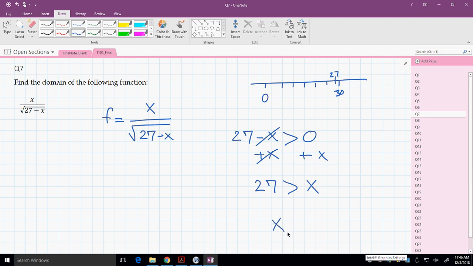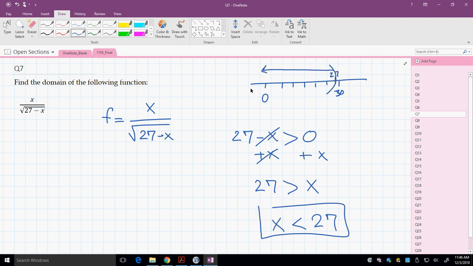And if we read it the right way, we say that x is less than 27. X is less than, so it's going to go that way, and that way is negative infinity. So my interval notation is going to be negative infinity until 27, and the value cannot be included because it will make the denominator 0. So that is our answer.